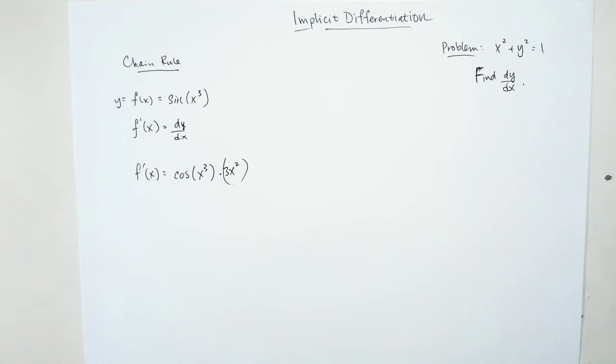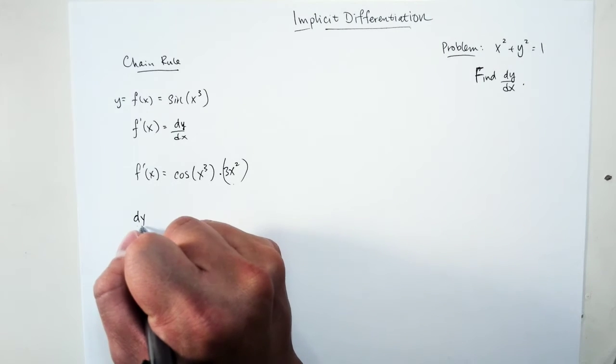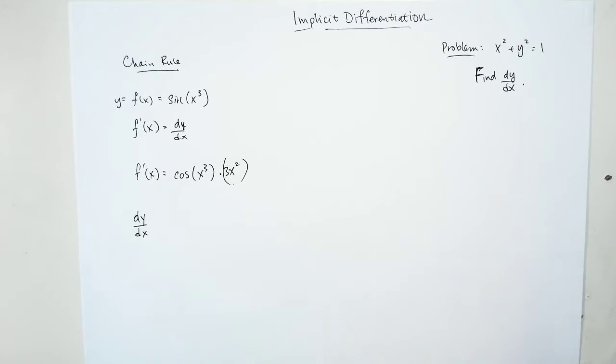Okay, now this is how we do chain rule, but some of you may not realize, okay, I know how to do it, but I don't really understand why I'm doing it. So it goes to the understanding of what is dy dx, which is like the f prime, but we will use dy dx right here. How does dy dx relate to chain rule?